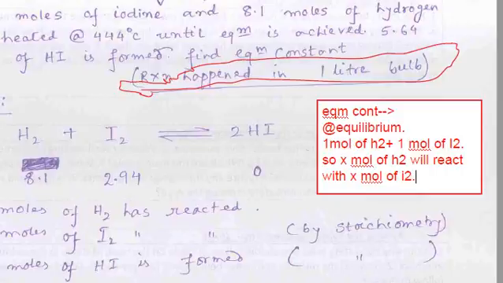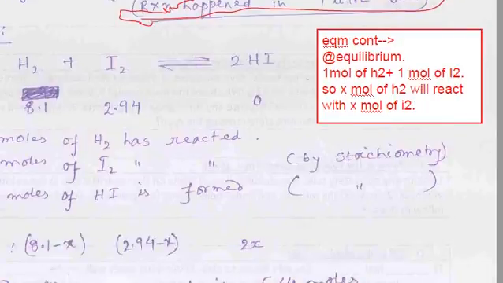Now if X moles of hydrogen has reacted with X moles of iodine, then how many moles of hydroiodic acid will form? Again, 1 mole of hydrogen reacts with 1 mole of iodine to form 2 moles of hydroiodic acid. So X moles of hydrogen reacts with X moles of iodine, it will form 2X moles of hydroiodic acid. This is very basic, but a knowledge of stoichiometry is required to get to this point.